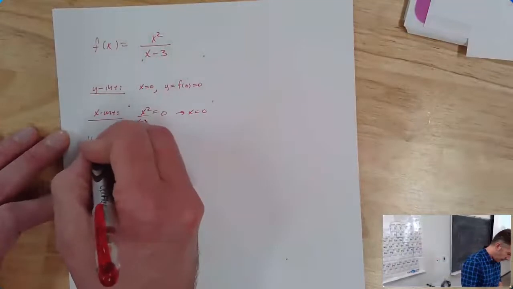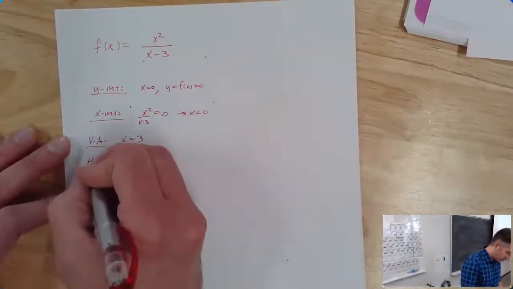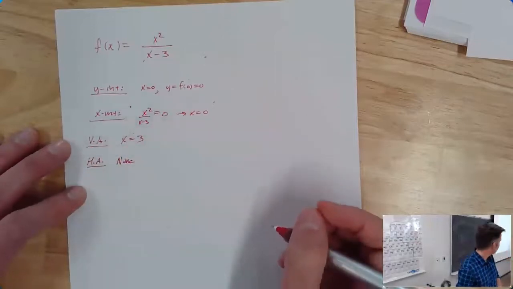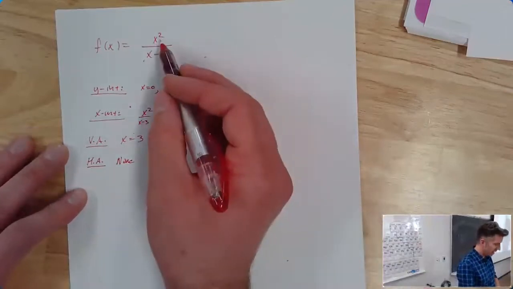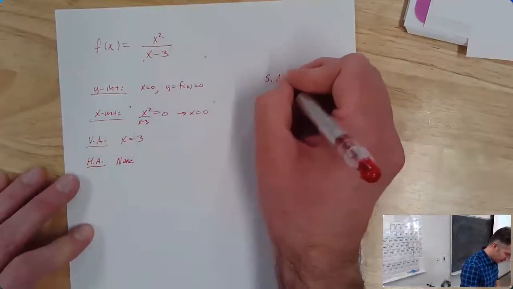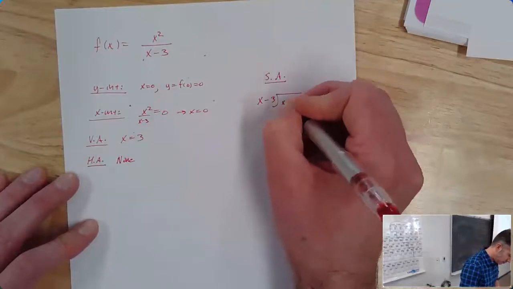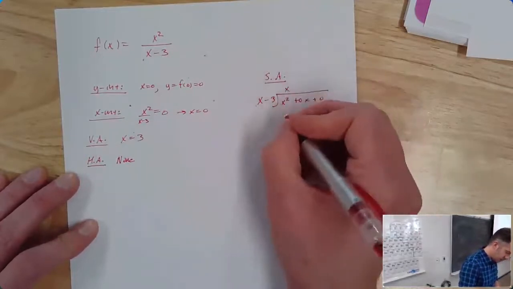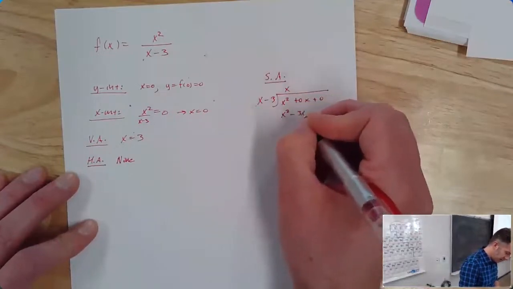We do have a vertical asymptote at x equal to 3. We do not have a horizontal asymptote, but we do have a slant asymptote, or an oblique asymptote, because the degree on top is exactly 1 larger than the degree on the bottom. So our slant asymptote we get via polynomial division. x times x is x squared. x times negative 3 is negative 3x.